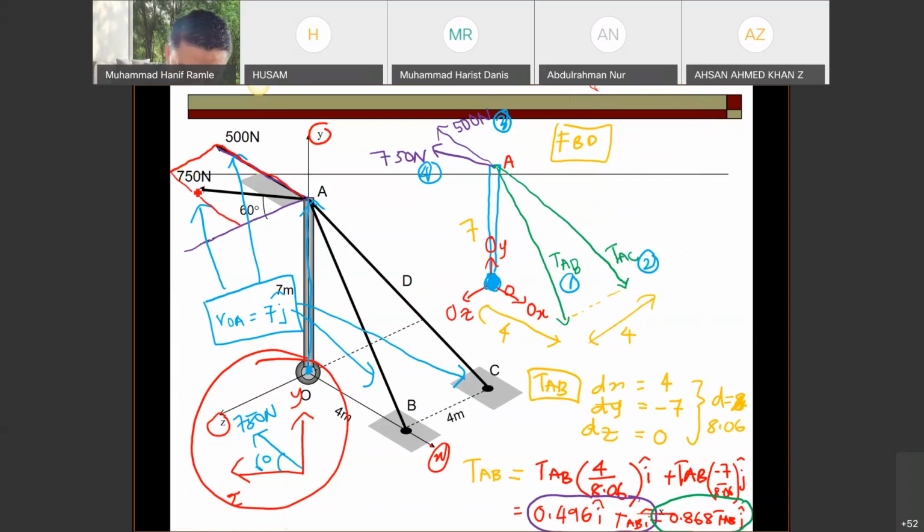This is the plane, so the plane is Z and X. But the 500 Newton is in line with the X axis, so there is no Z component at all. So make sure that you understand the 3D plane.